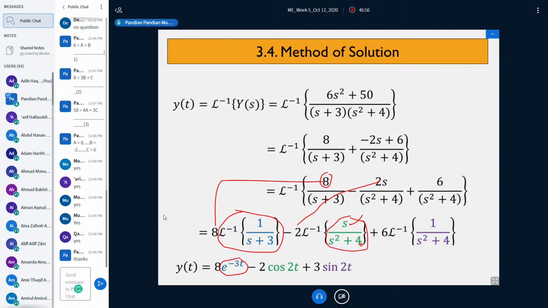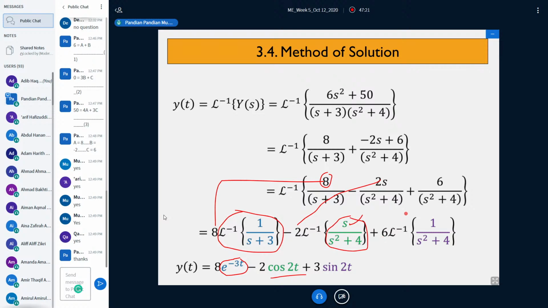So in this case, your k squared is 4. You know k value cannot be negative. Therefore, your k is 2. So inverse Laplace of s over s squared plus 4 is cos 2t. k becomes 2. So the final answer is minus 2 cos 2t.